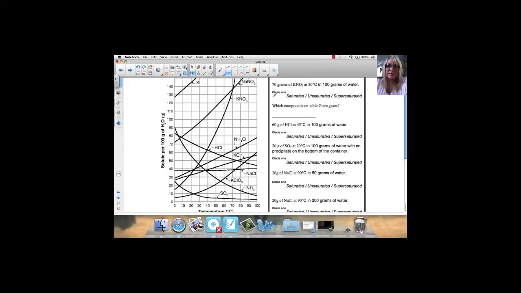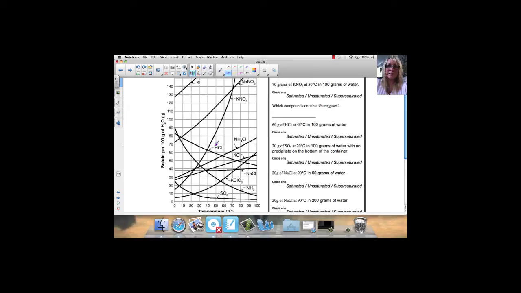Okay, so let's try to solve some problems here. 70 grams of KNO3 at 50 Celsius and 100 grams of water. So they want to know what's happening. What I would do is go to 50 degrees Celsius, 70 grams.